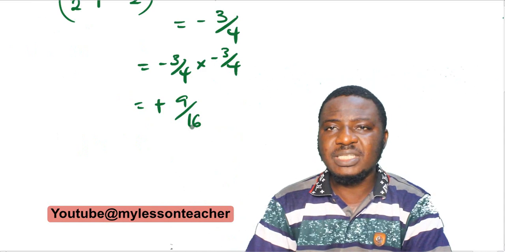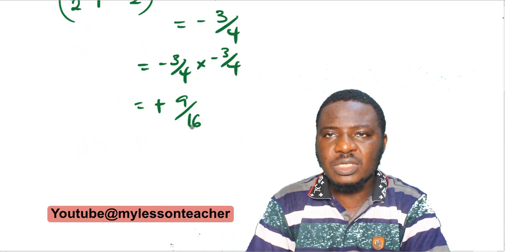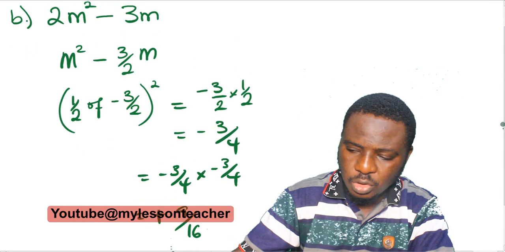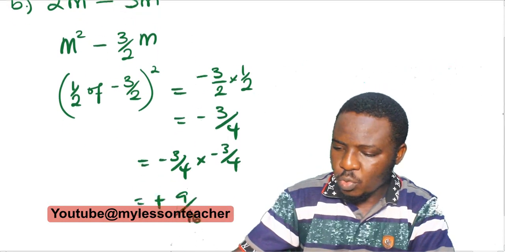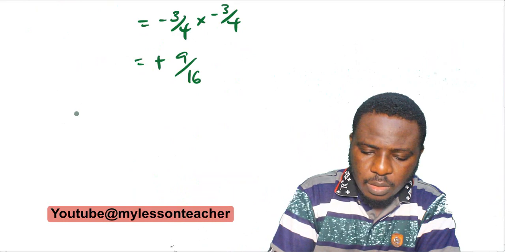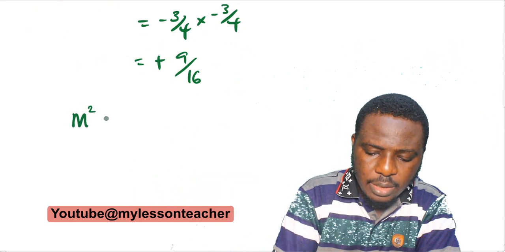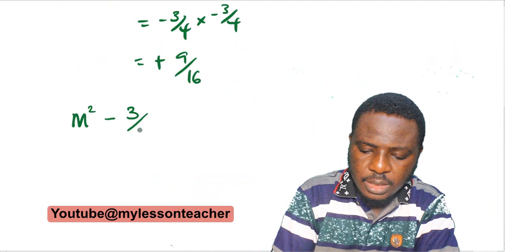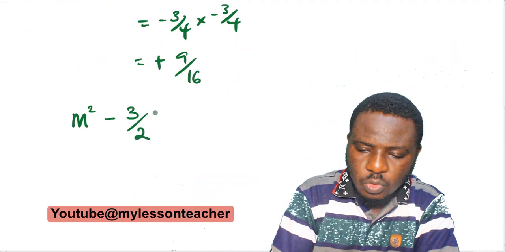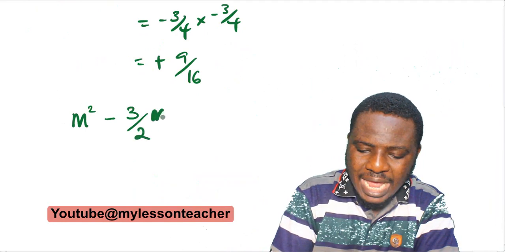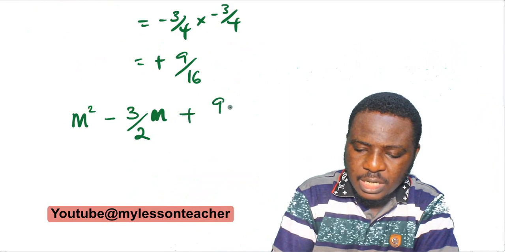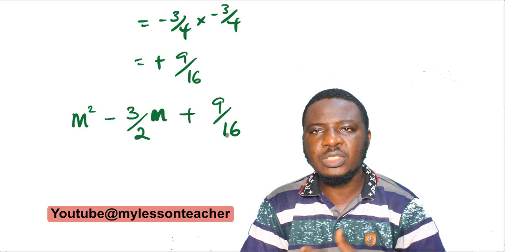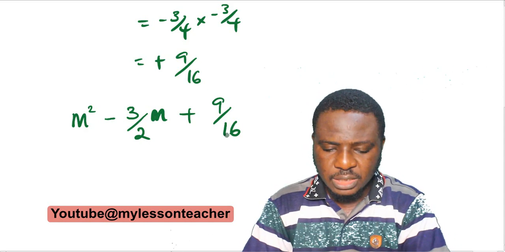So plus 9 over 16 is that constant term that when added to this expression makes it a perfect square. So let's add it. This becomes m squared minus 3 over 2m plus 9 over 16. Now the second question says we should factorize it.